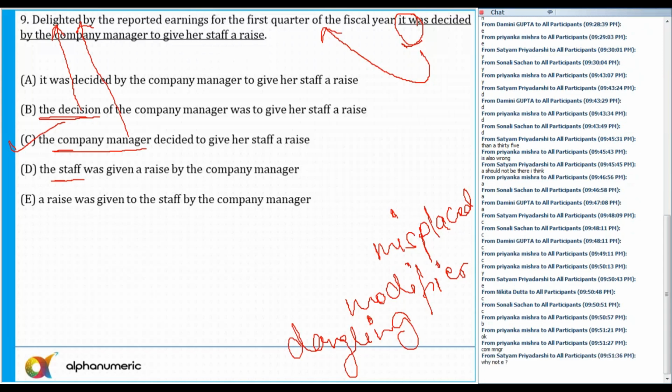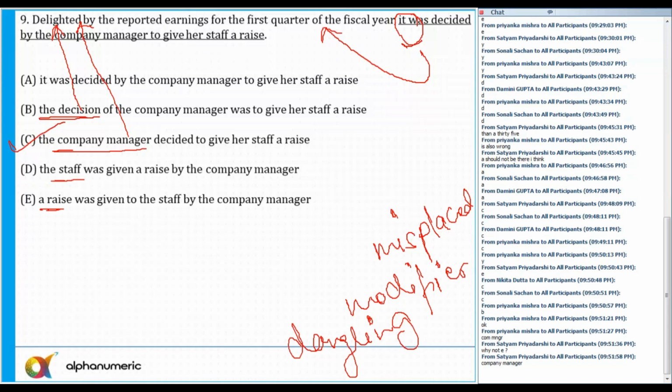Why not E? Delighted by reported earnings for the first quarter of the fiscal year. Now, the question is, who was delighted? Was a raise delighted, or was a person delighted? A raise cannot be delighted. The first part of the sentence is a modifier.